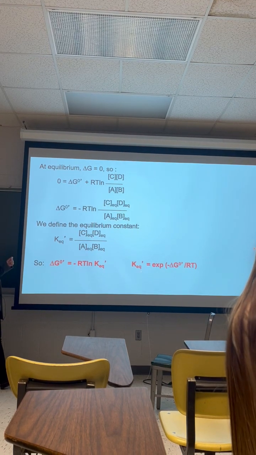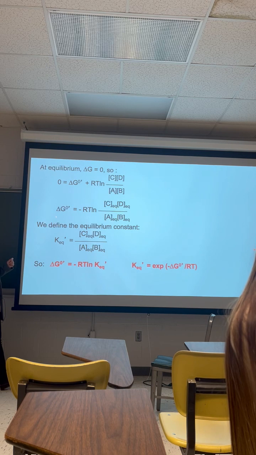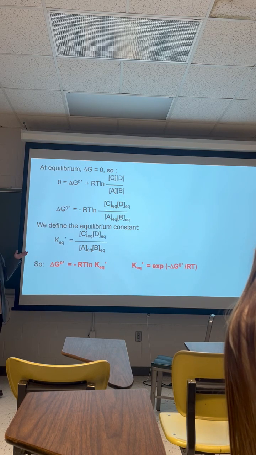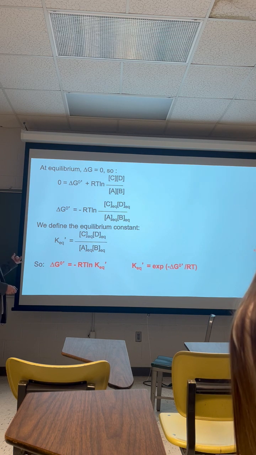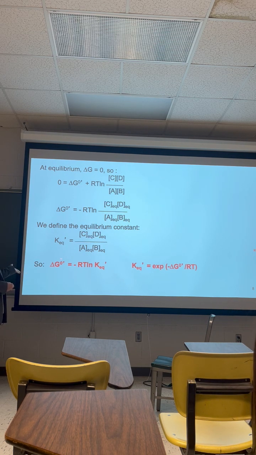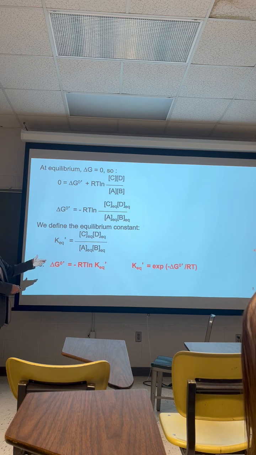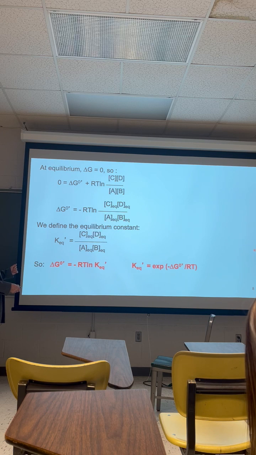In other words, I said delta G0 prime is constant for a particular chemical reaction. Why? Because you can always calculate delta G0 prime from the equilibrium constant. And if you know delta G0 prime, this is just an exponential function, right? So the exponent of negative delta G0 prime divided by RT gives you the equilibrium constant.